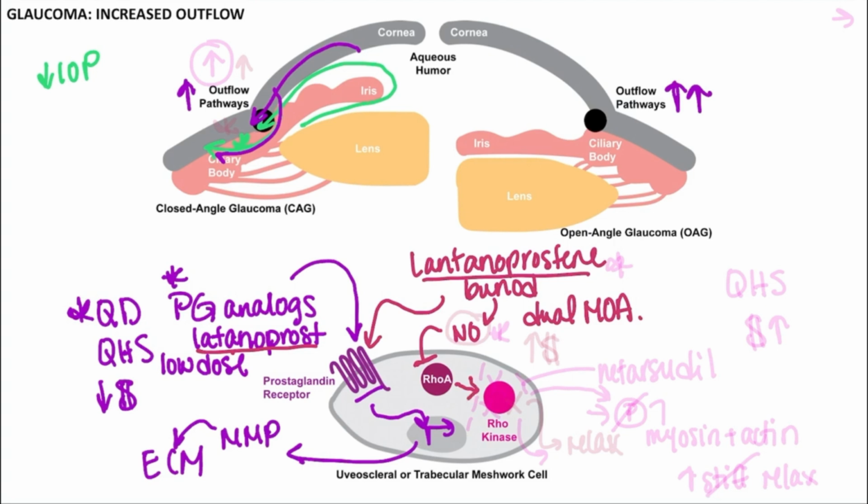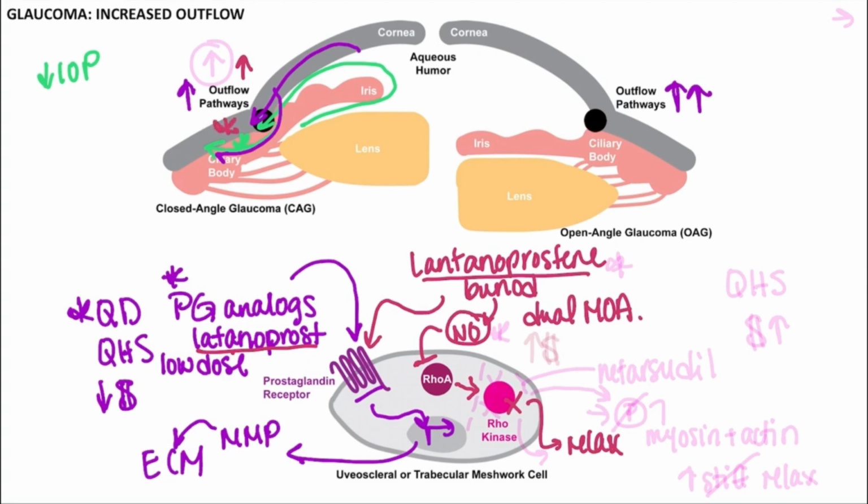This inhibitory effect on the Rho kinase pathway leads to cytoskeletal relaxation and reduced cell stiffness, allowing increased outflow through that trabecular meshwork. So it is thought that glaucoma comes with reduced nitric oxide levels, which may contribute to the trabecular meshwork contraction and increase ocular pressure. So we are kind of supplementing what's missing. So this agent will promote outflow through both pathways.